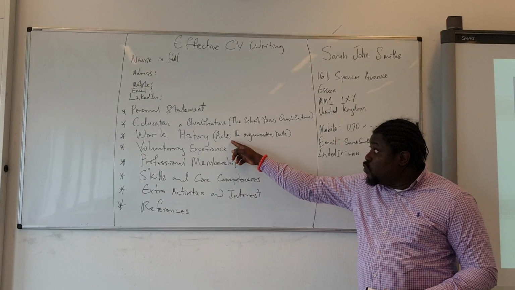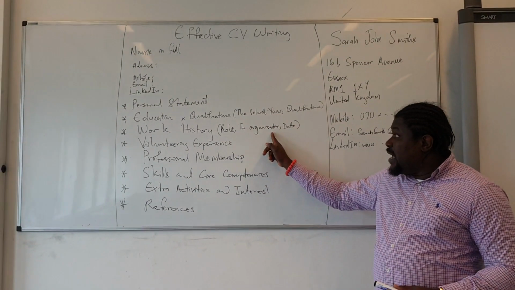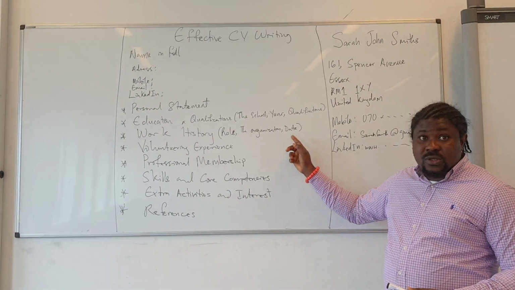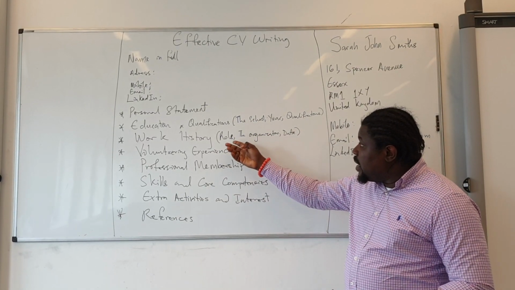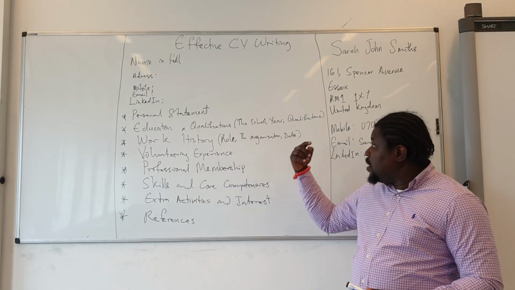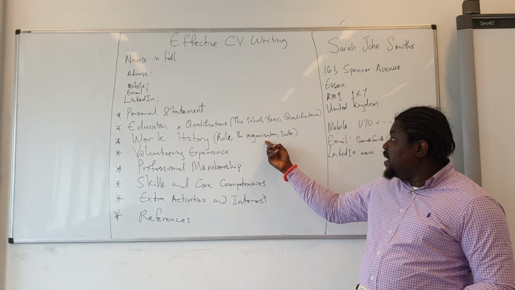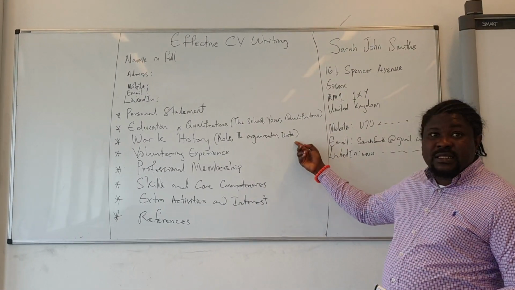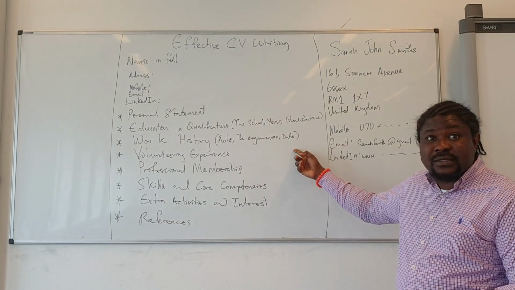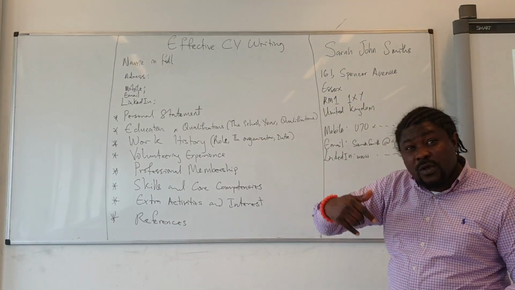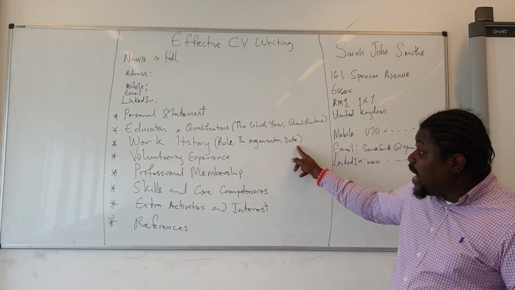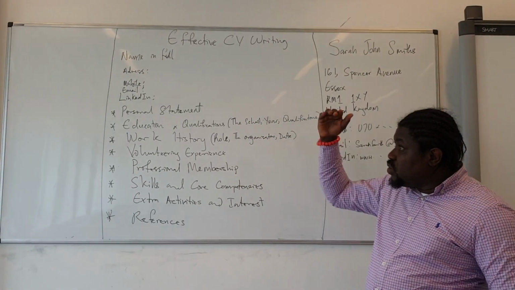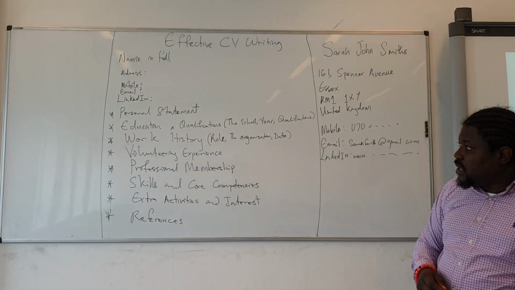You have to mention the role, the organization, and the date. So, for example, for me right now, I would say lecturer, Saxion University of Applied Sciences, and the date that I started till present. So for your first one, if you're still working in the organization, it will show the date when you started until present. And that's what you will do for all your work history.